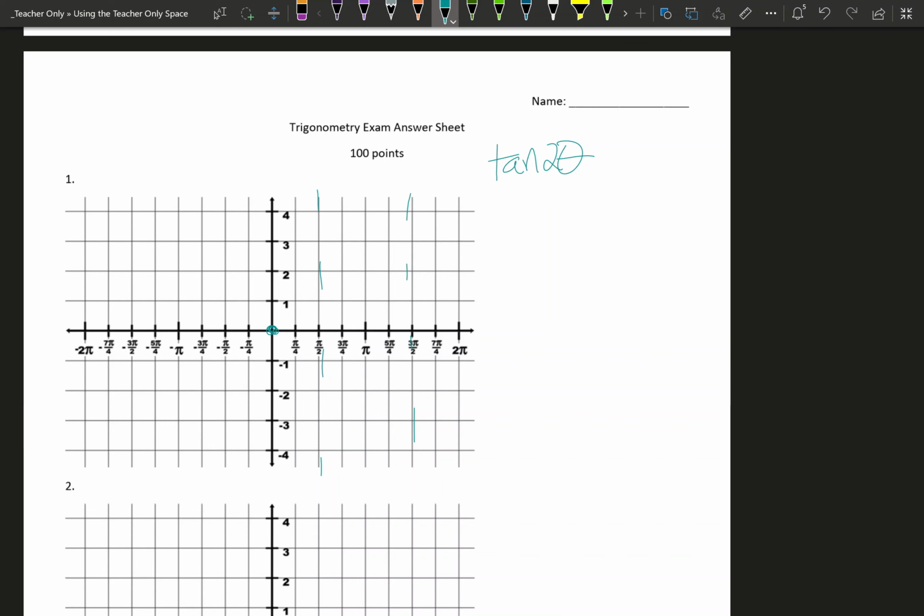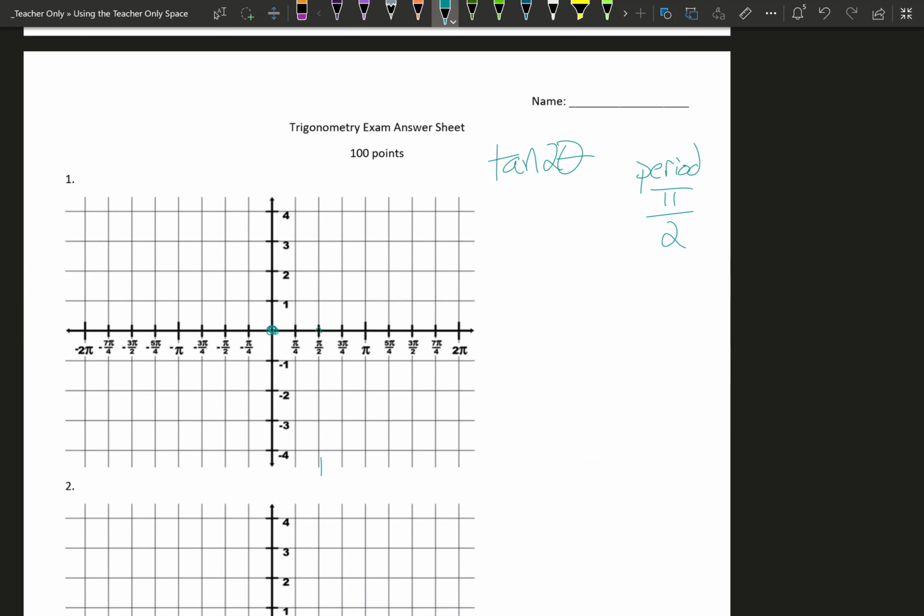However, we have a change in b, so that is going to change the period. The period is going to be pi divided by b, which in this case is 2, so it only takes pi over 2 for our tangent graph to repeat.